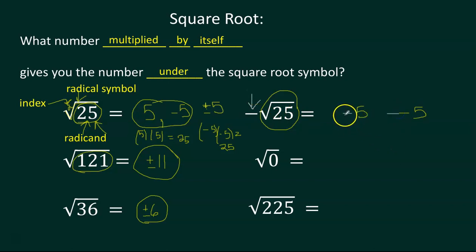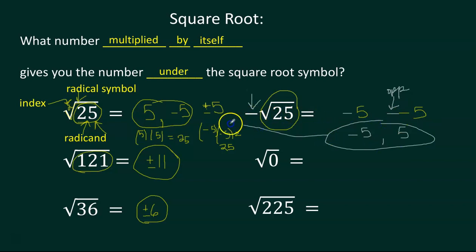Well, a negative in front of a 5 makes it a -5, and a negative in front of a -5 makes it a +5, because when you have 2 in a row, this first one you're going to read as the opposite. The opposite of -5 is 5. So really, the answer to the negative square root of 25 is the exact same as the answer to the square root of 25. It is -5 or 5.